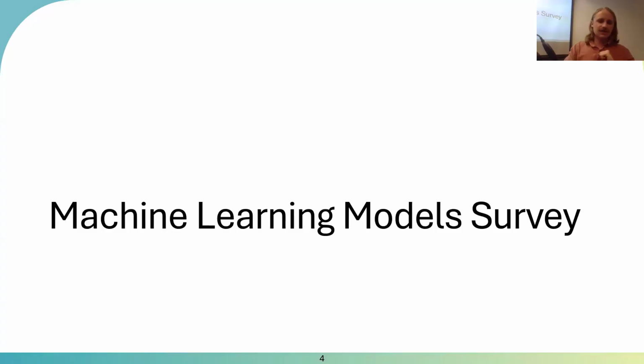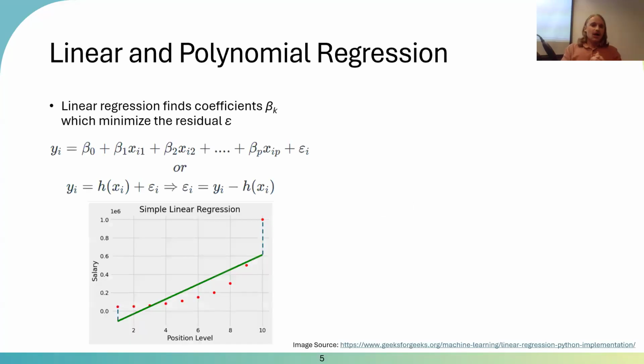Okay, so I'll get started here with that survey, starting off with our linear and polynomial regression models. As a reminder, for those who didn't attend the previous session, while I will have some equations every once in a while, my goal is for this to be accessible to everyone, regardless of what math background they have. So I will be going rather math light on a lot of this.